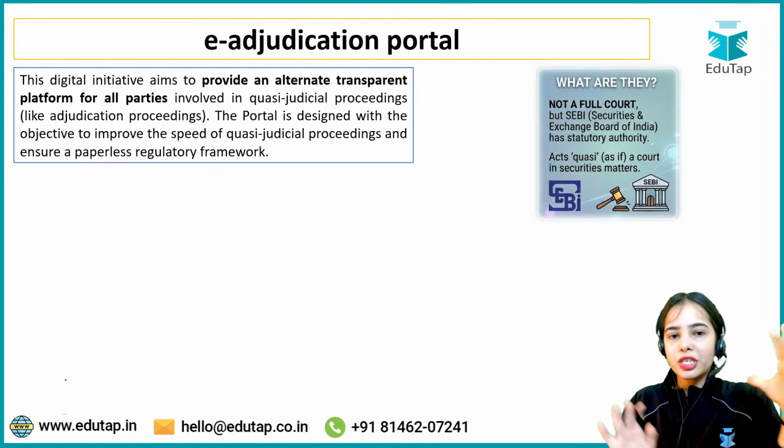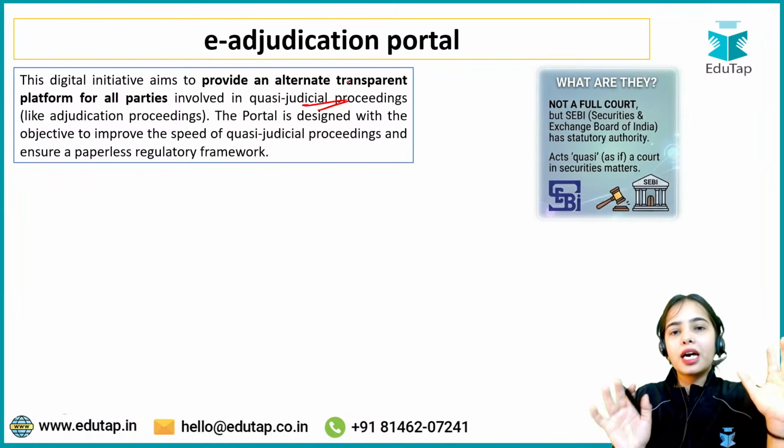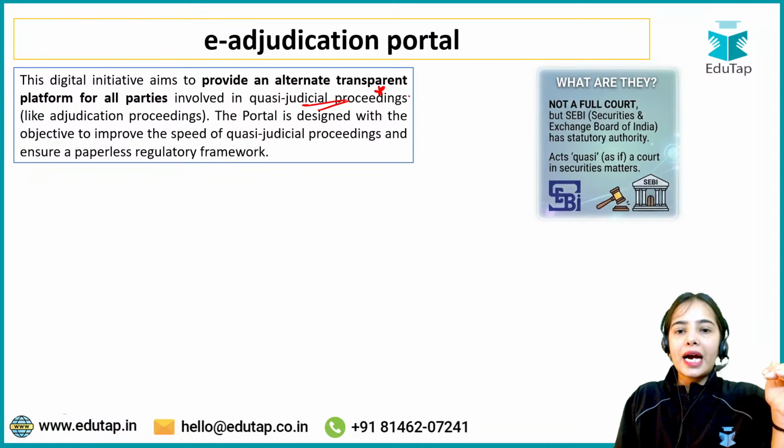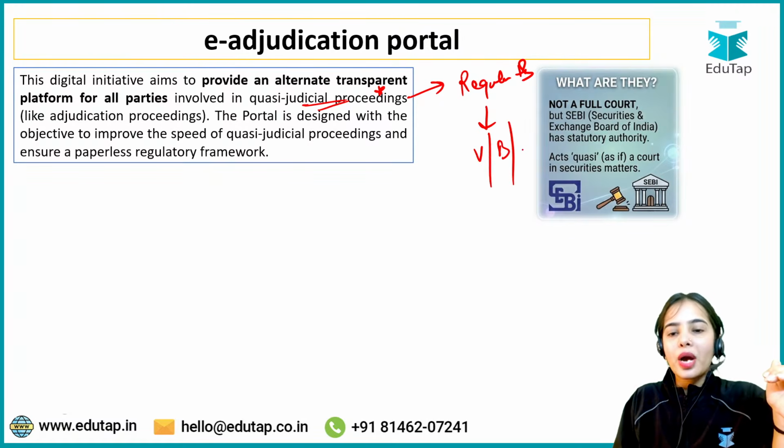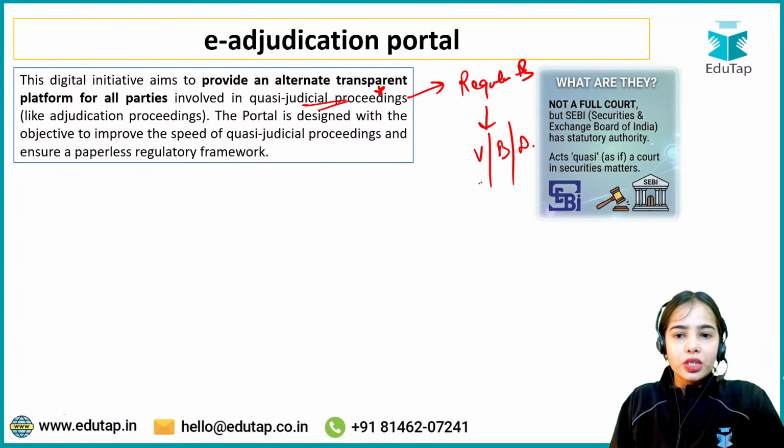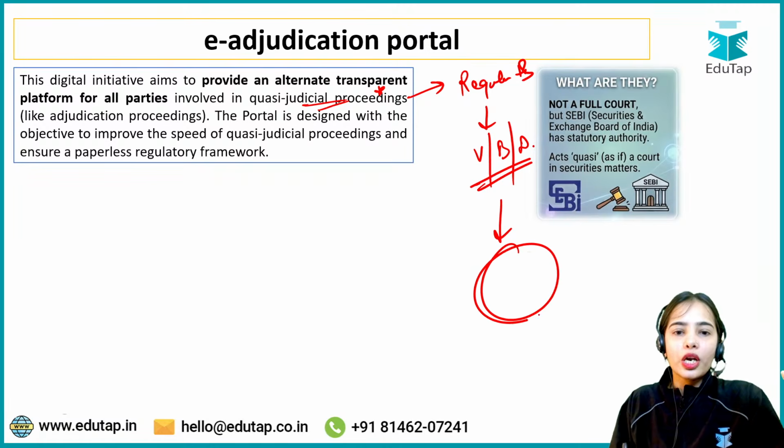So I hope this is very much clear that quasi-judicial proceedings are basically the proceedings undertaken by the quasi-judiciary under the regulatory body to handle the violations, the breaches, any kind of disputes that are happening in its own domain.